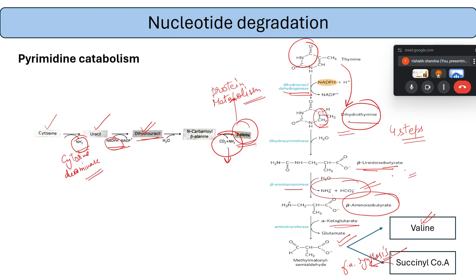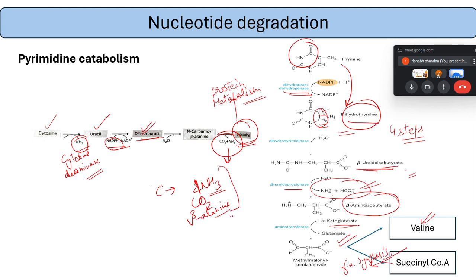So here, a direct question is asked after the cytosine degradation or uracil degradation: how many byproducts are formed? So for cytosine, there will be two molecules of ammonia, carbon dioxide, and alanine. And if you are talking about uracil, only one molecule of ammonia will be formed.